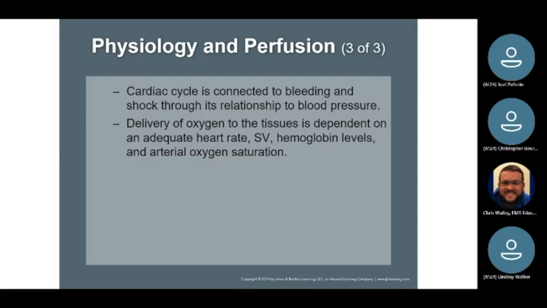The delivery of oxygen to the tissues is dependent on an adequate heart rate, stroke volume, hemoglobin levels, and arterial oxygen saturation. Just to reiterate, guys, that entire slide, those formulas, knowing how to calculate that, you will need to know in the future.